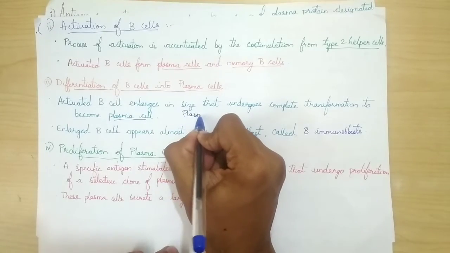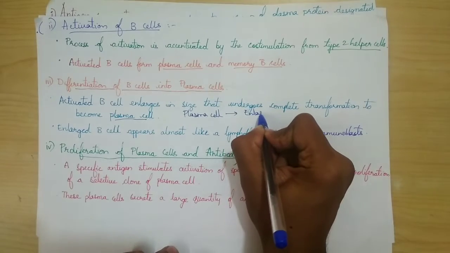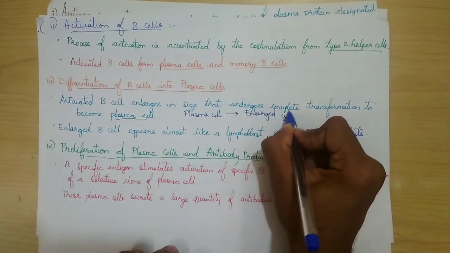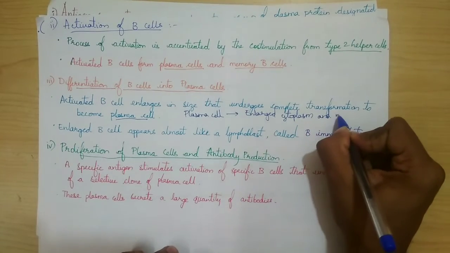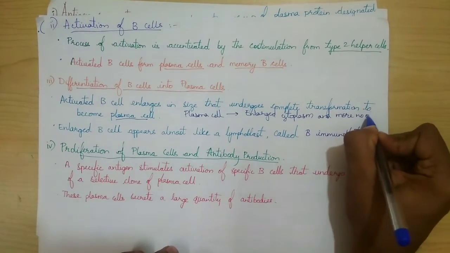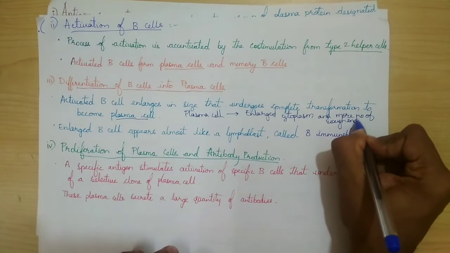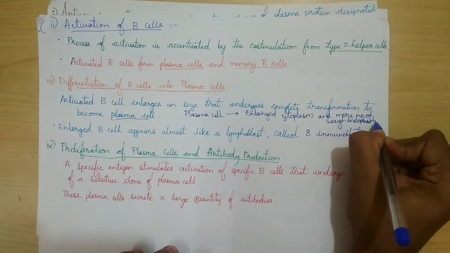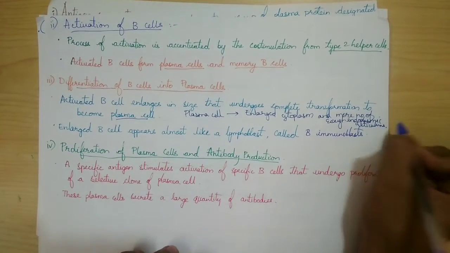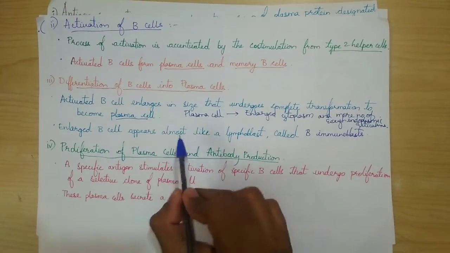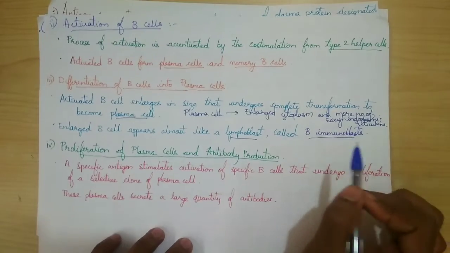Plasma cell is characterized by the enlarged cytoplasm and more number of rough endoplasmic reticulums. The enlarged B cell appears almost like a lymphoblast and is also called B immunoblast.